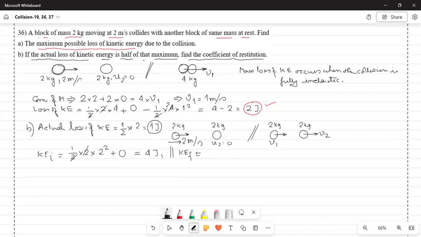Final kinetic energy is half m, m is 2, v1 square, plus half m, m is 2, v2 square, which is v1 square plus v2 square. So the loss of kinetic energy is 4 minus v1 square minus v2 square. This is given as 1 joule by the problem.